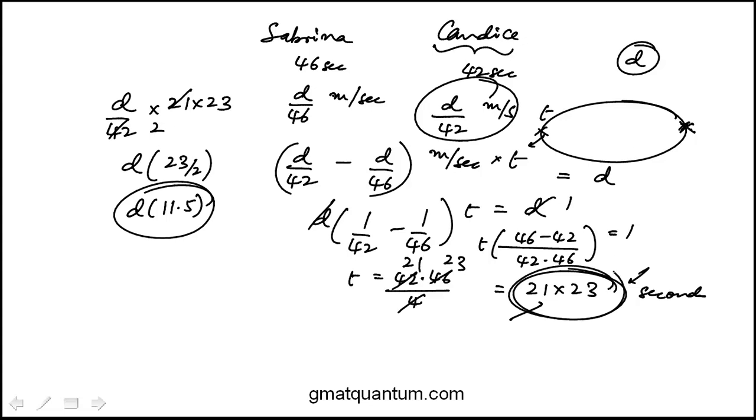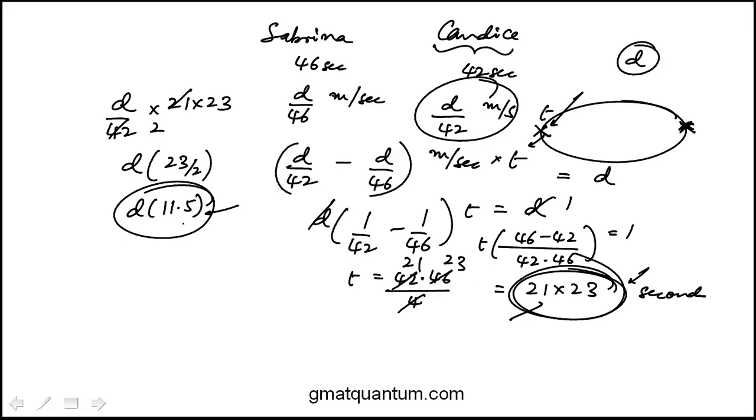So after this much time, they're both here, and Candace has gained one full lap. But that's not the question. The question is they need to be back at the starting point, and you'll see that this is not a full lap, because it needs to be a whole number for them to be back at the starting point.